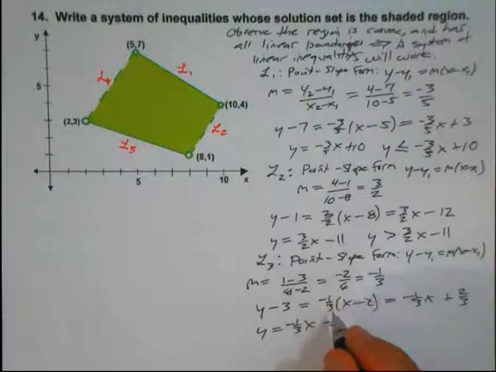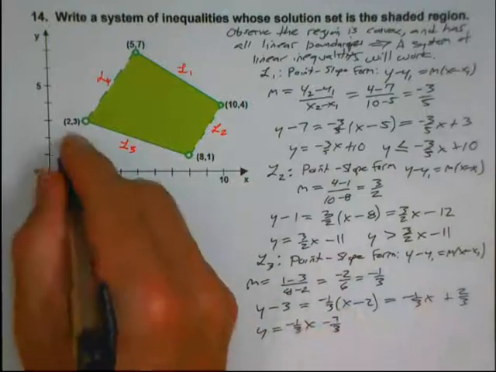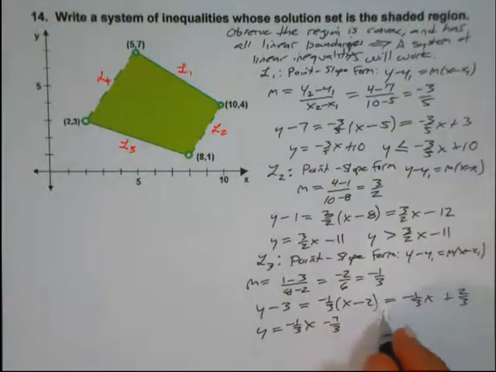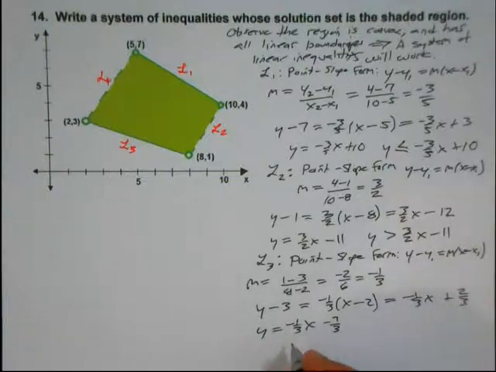Go back to here. We like the slope. Let's look at what we have here. Y minus y1, y minus 3, equal to m times x minus x1. Okay, that looked good. And it equals negative 1/3 x, and then the plus 2/3. Then we were supposed to add 3 to both sides.